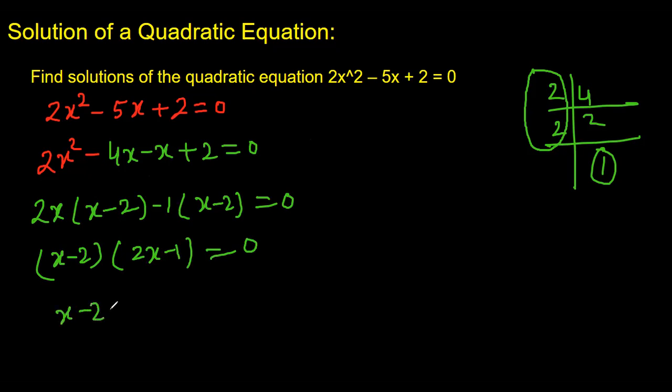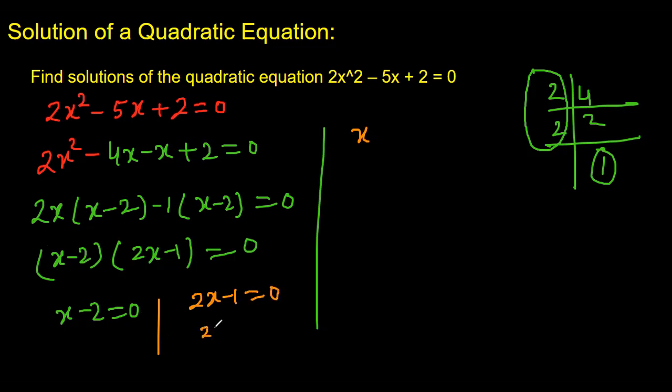So it gives x minus 2 equal to 0. When we further solve it, we see, when the product of the two terms is 0, that means either both are 0 or at least one of them is 0, right? So we are equating them separately. x minus 2 is equal to 0 or 2x minus 1 equal to 0.